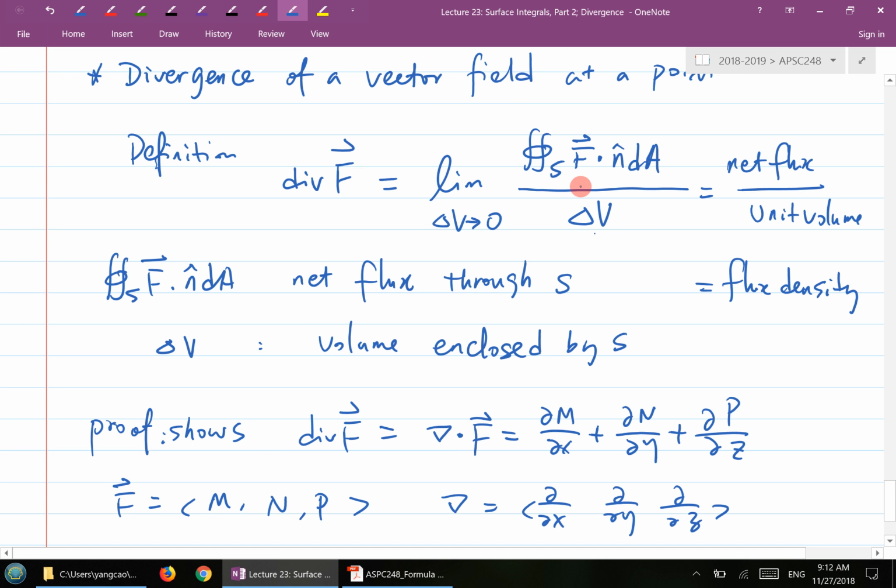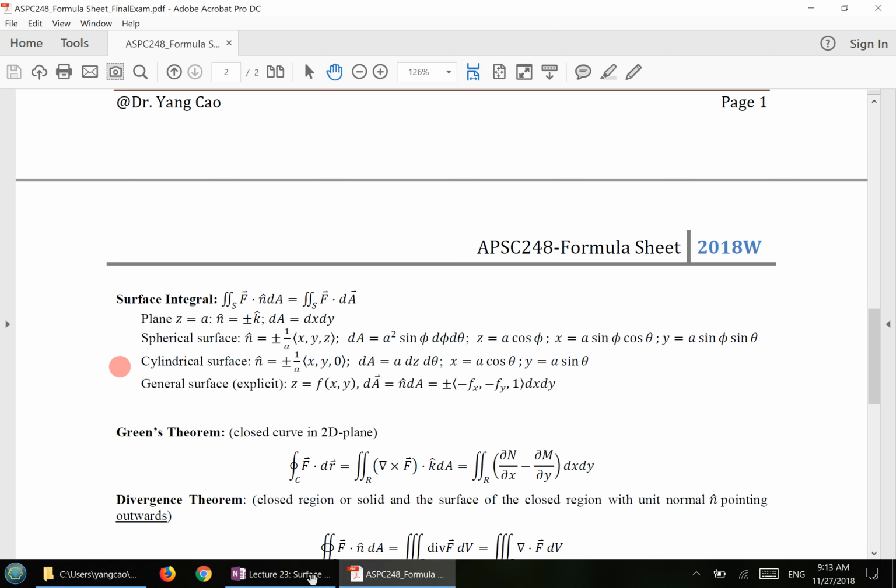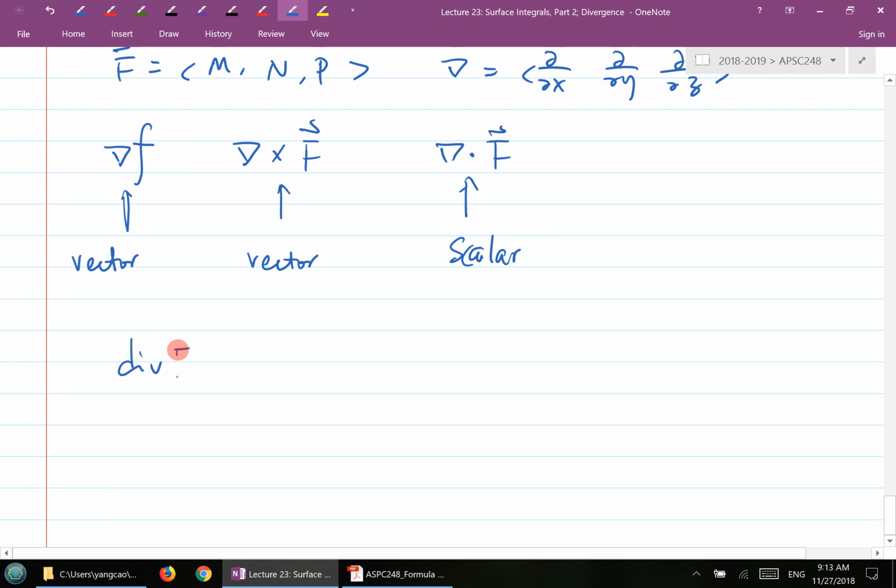So if you get a positive number, what does that mean? It's as if you have something flowing out of that point. If you have a negative number, it's as if you have something flowing into that point. So basically, the divergence here gives you the concept of a source or a sink.